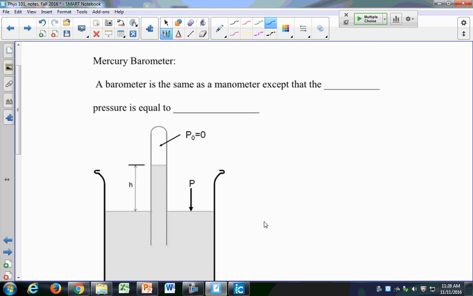All right. Barometer works exactly the same, except that the known pressure is equal to 0.